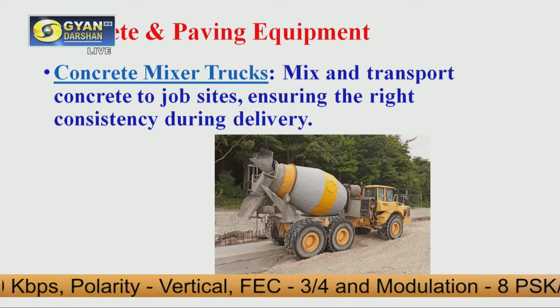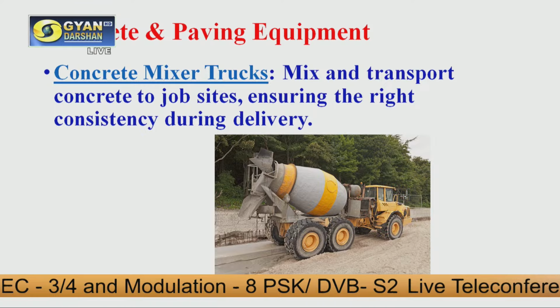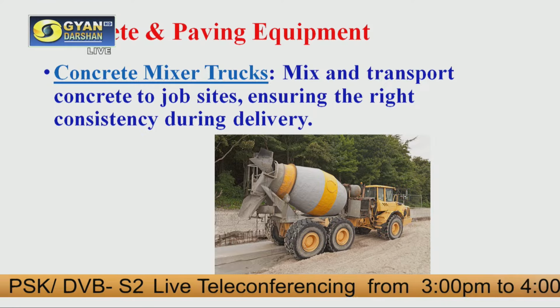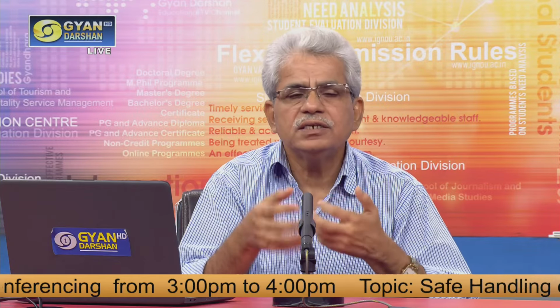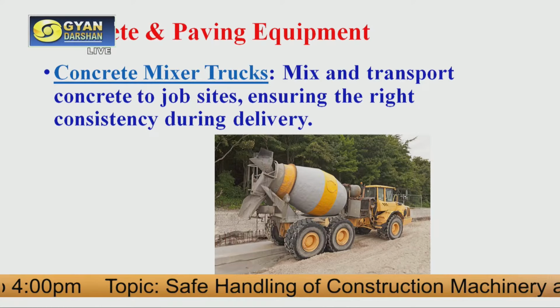As I told you earlier, there is a drum which rotates, and cement, aggregate and water are poured into it, and then the drum rotates and mixes all these ingredients of the concrete, and finally gives you the prepared concrete.